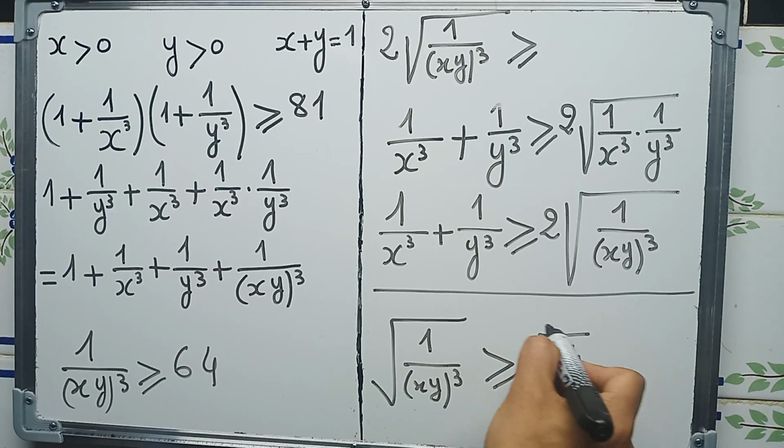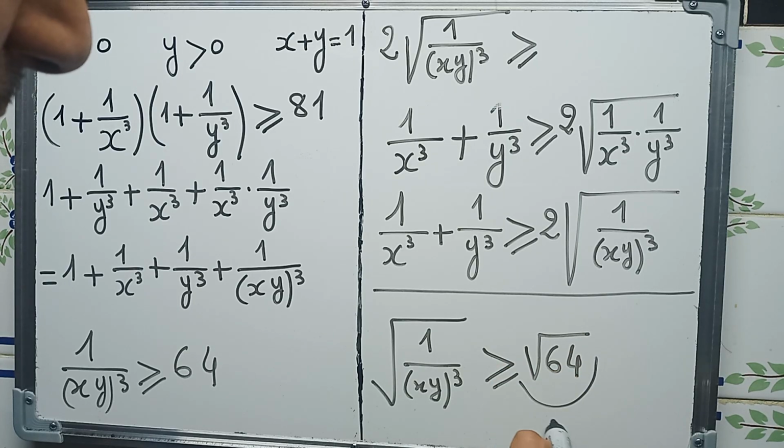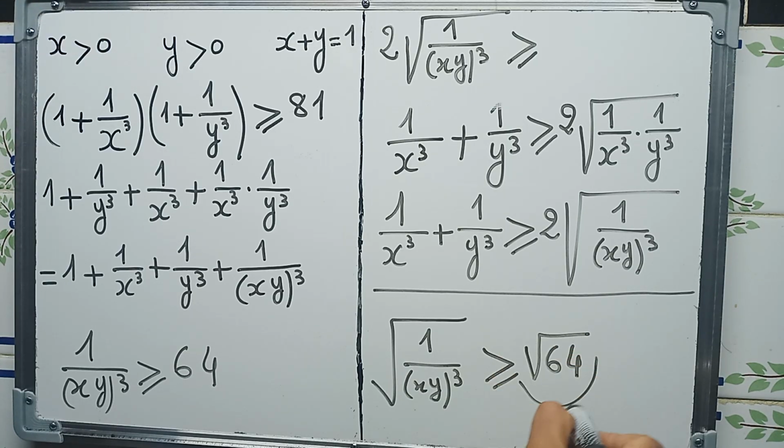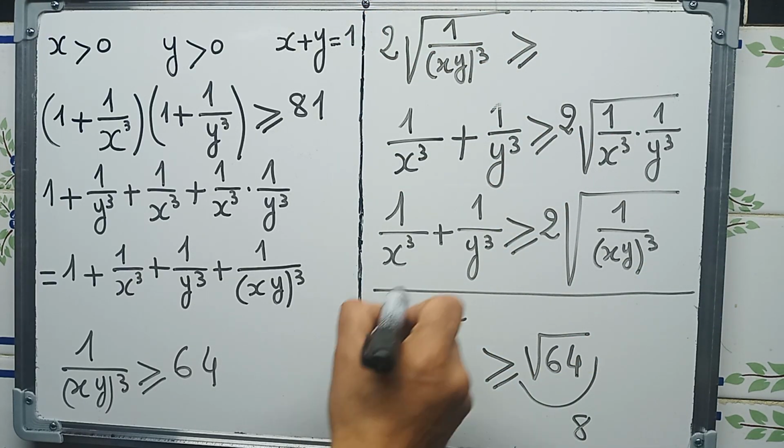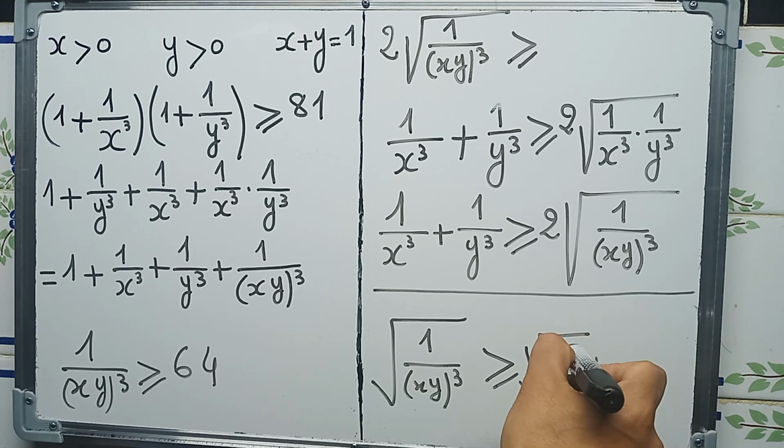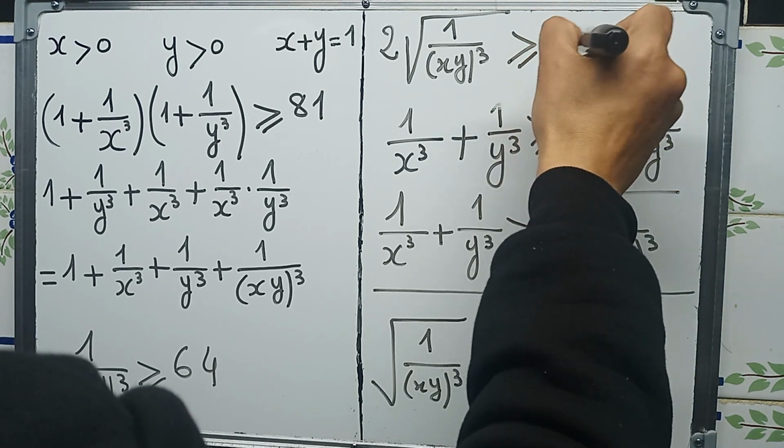The square root of 64 is 8, and 8 multiplied by 2 is 16.